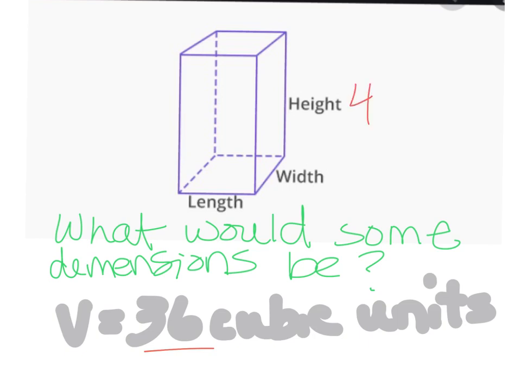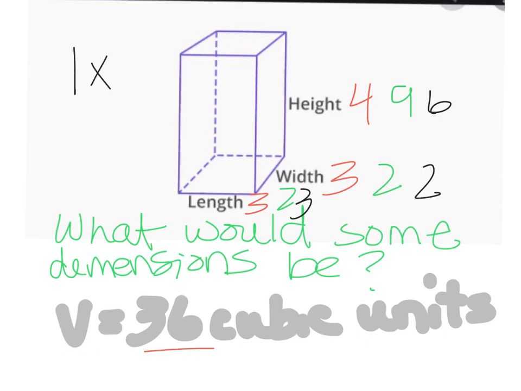Maybe 4, 3, and 3. Are there others? Maybe 9, and then this would have to be 2 and 2. What if we use 6 and 2 and 3?